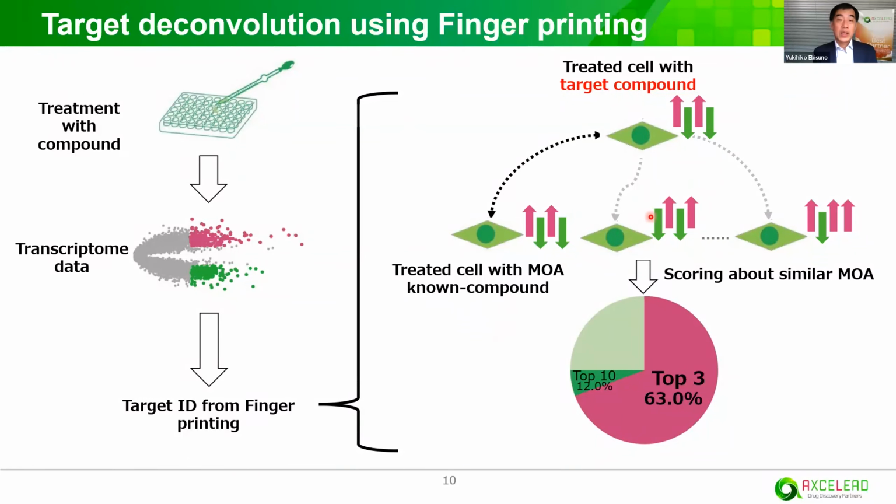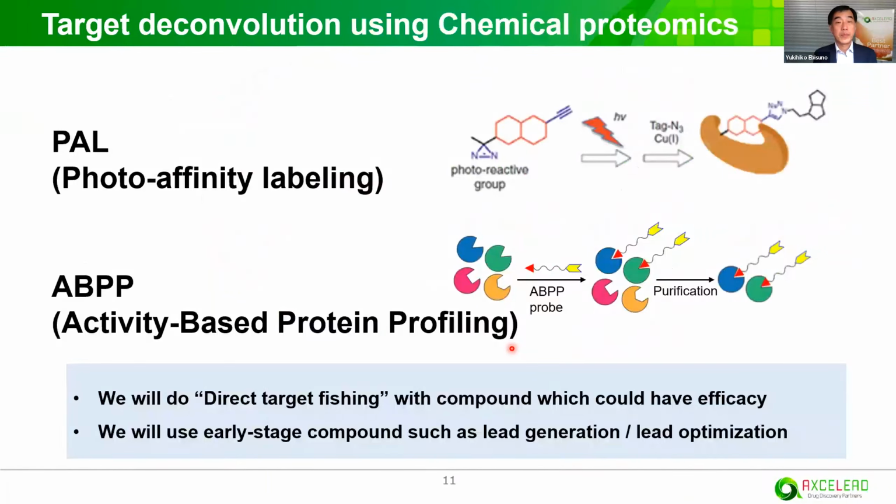After that, we select the more similar compounds so that we can speculate the MOA or some molecular target. The success rate is around 70% within the top 3 to top 10.